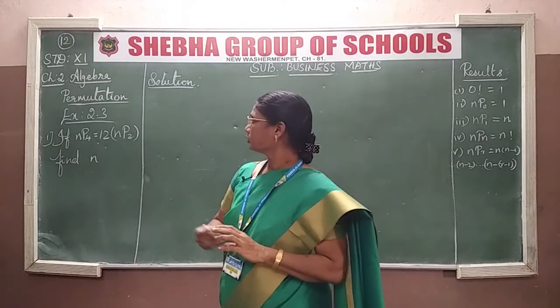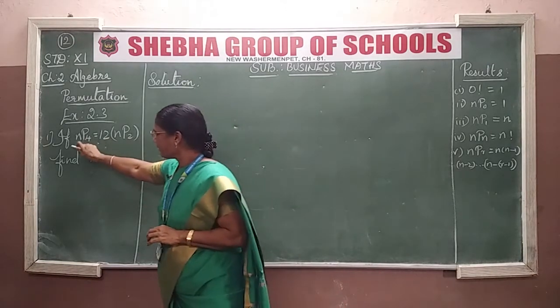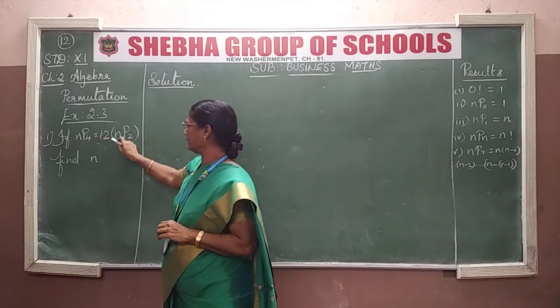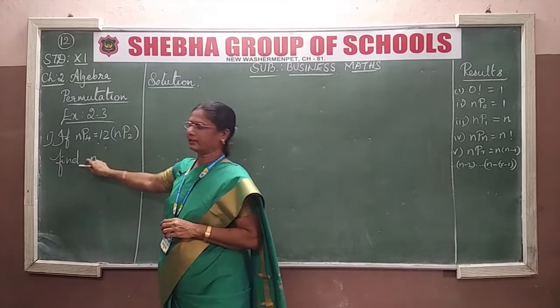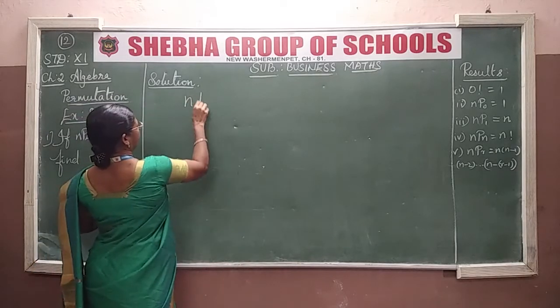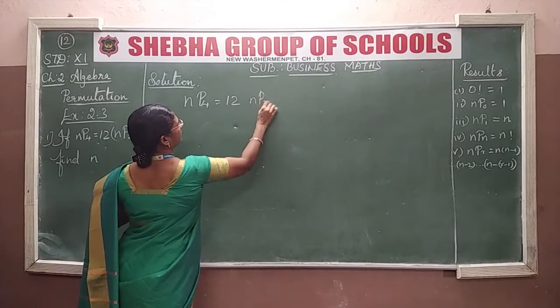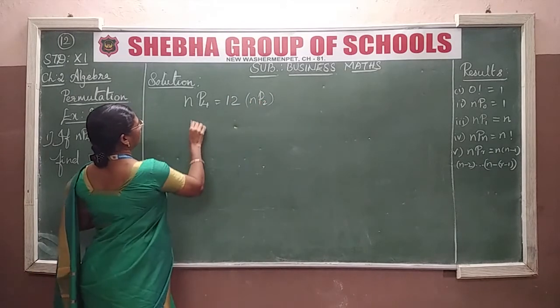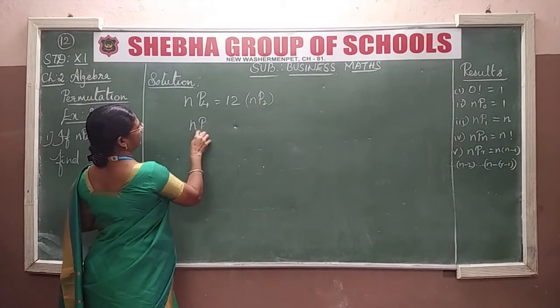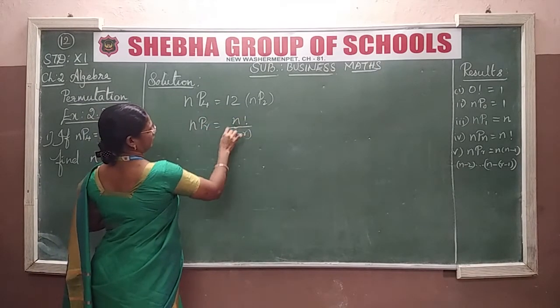Next, go for exercise 2.3. The first sum is, if nP4 equals 12 into nP2, find n. Listen, what is given? nP4 is equal to 12 into nP2. And we know the formula for permutation, nPr is equal to what? n factorial by n minus r factorial.